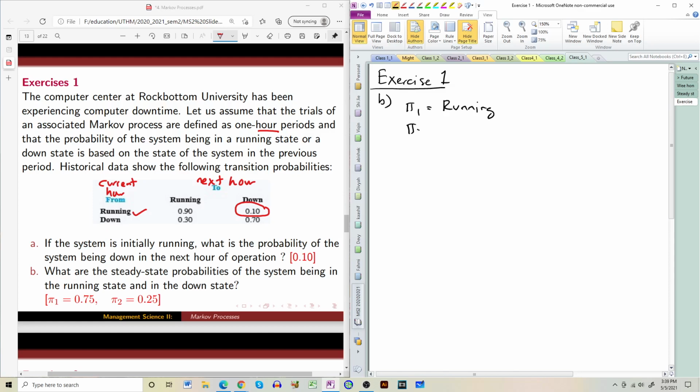The second state is down. In the long term, with this probability, what is the probability a computer will run? What is the probability a computer will be down? So we use the Markov process.